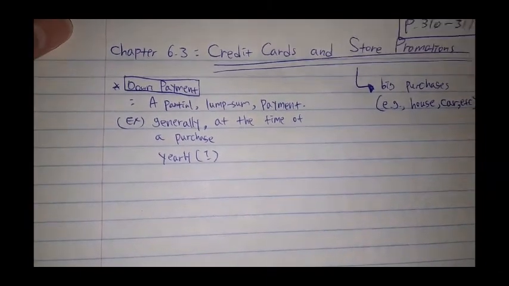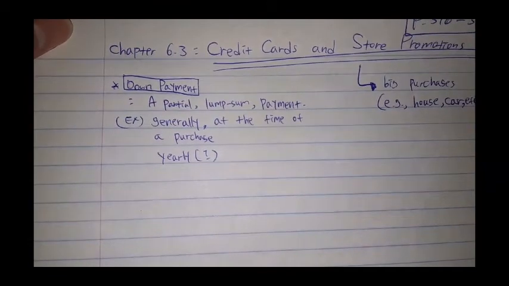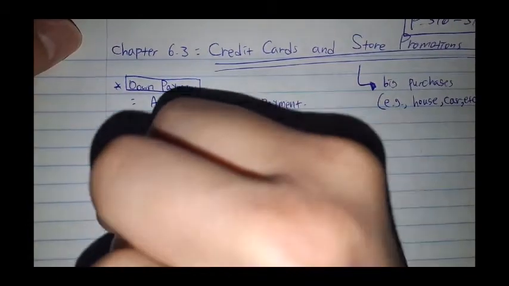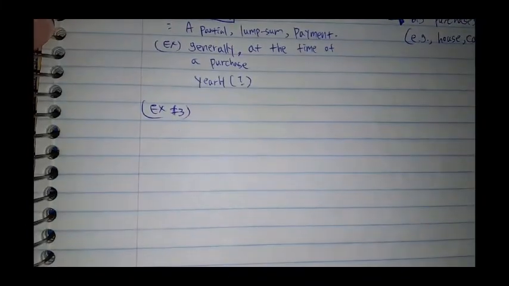So what I'm going to do is an example from page 311. We are talking about the new stove being purchased by Zainab. Let's read the question. Zainab is buying a new stove listed at $989.95.